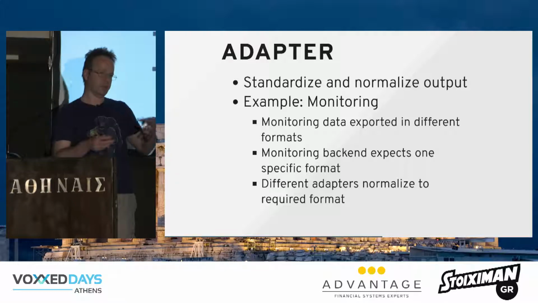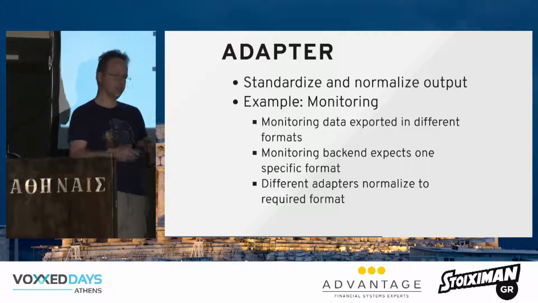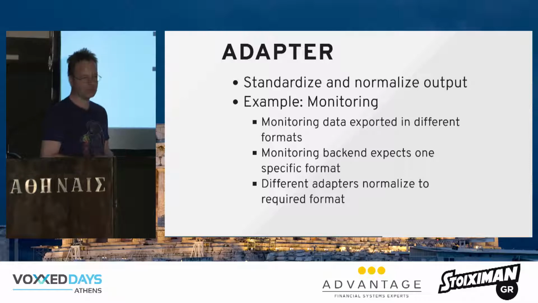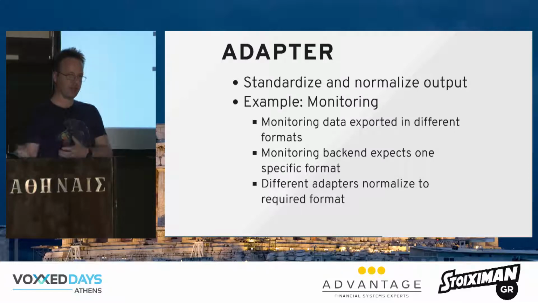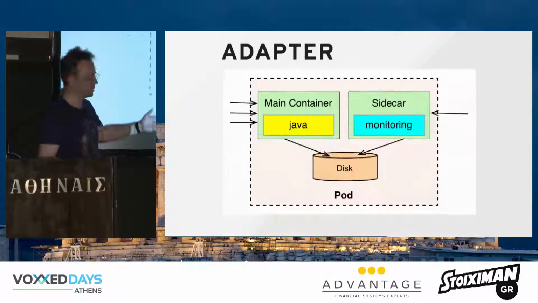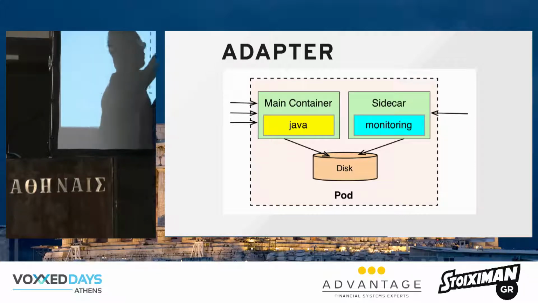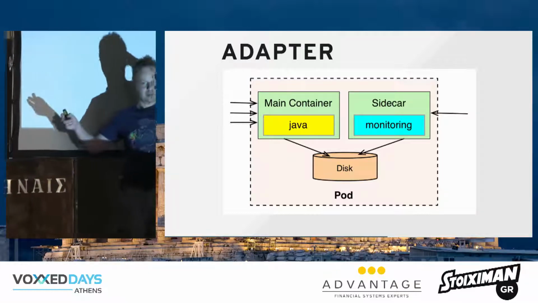And so you could adapt your applications so that they always expose the metrics in a format that Prometheus expects. But you can also do it differently and say, okay, my application is left untouched, and I simply put in another sidecar, in this case an adapter, which simply exposes the monitoring information, stored on disk in this example, in a standardized format to the outside.